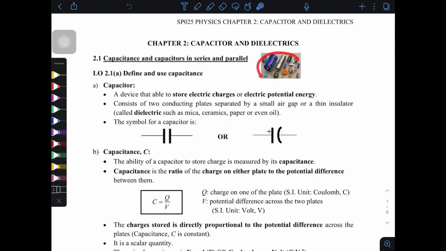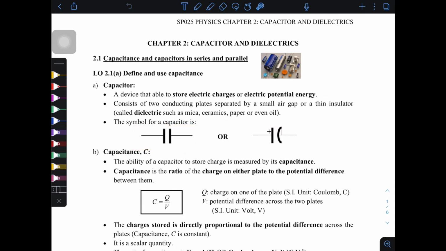What it's going to look like in real life, ini ialah capacitor. It consists of two conducting plates separated by a small air gap or a thin insulator called dielectric. Okay, as mentioned here, dielectric can be mica, ceramics, paper or even oils. Okay, the symbol for capacitor is like this or like this. We usually use this symbol here.